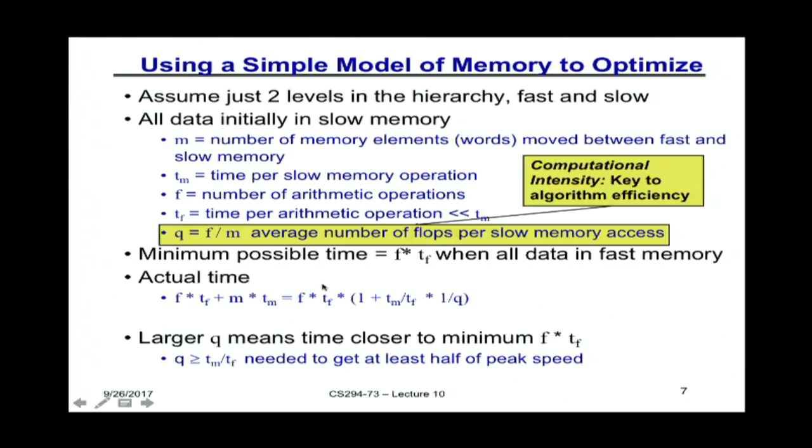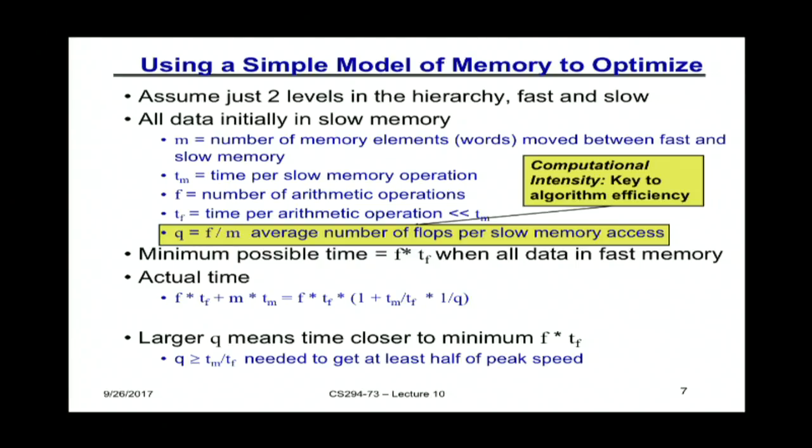The actual time is the floating point operation time plus the memory access time. So you have so many data items to access, times the time per data item. Here I'm assuming there's no overlap between the floating point operations and the memory access. But even if there is overlap, you get at most a factor of 2 better; if you consider overlap, it's the max of the two. But let's forget about overlap, so these two times are added together.